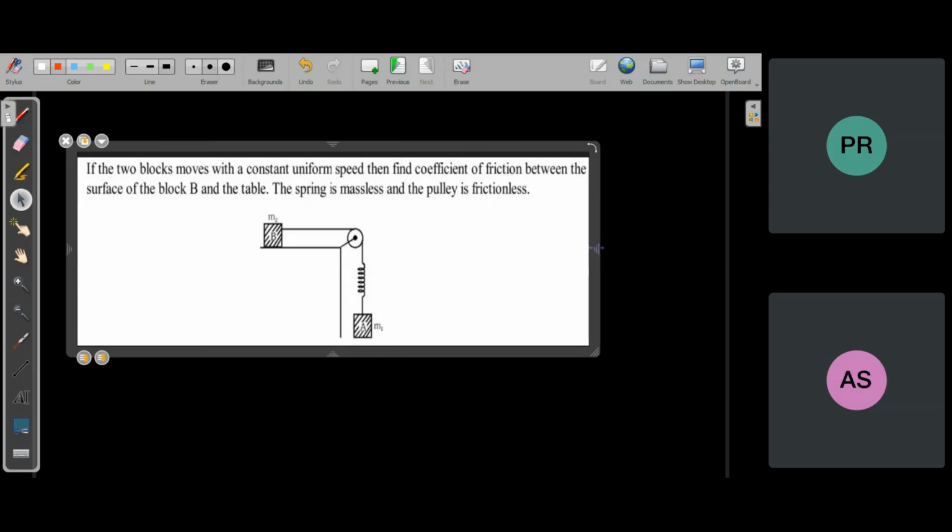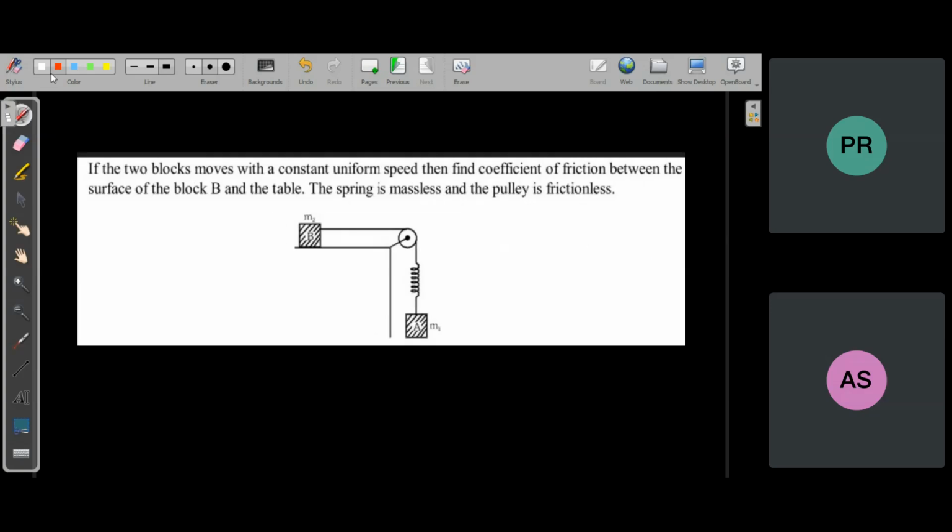Now try this question. Try this. It's very easy, I think.